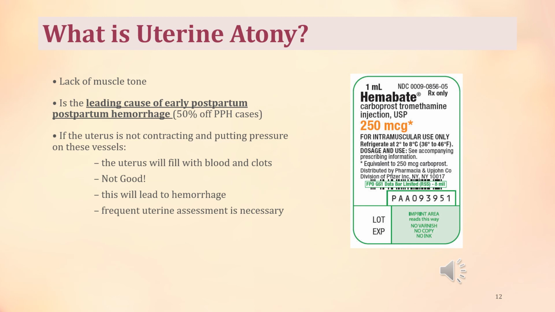As well, you can massage that uterus, but we also will move towards giving some different kinds of medications. Sometimes the first medication that we're going to give is Hemabate, and that's an IM dose. Typically, I give that right in the thigh.